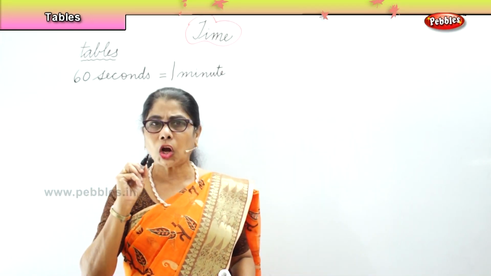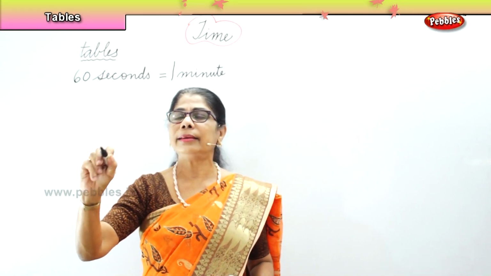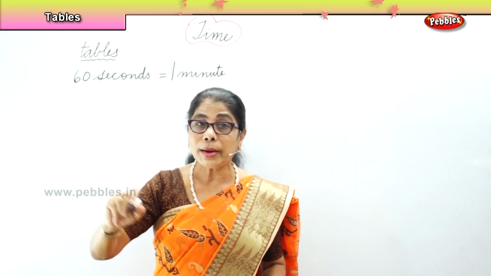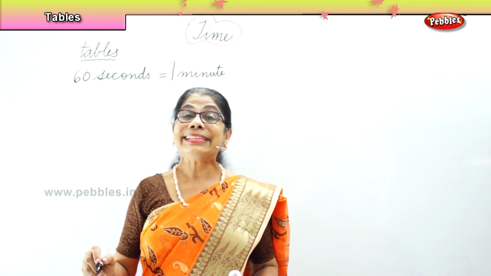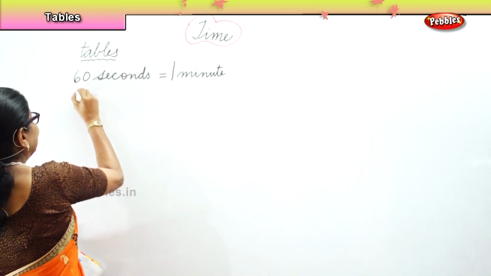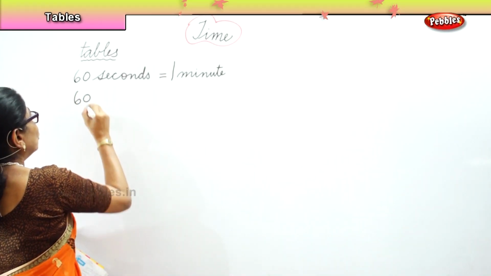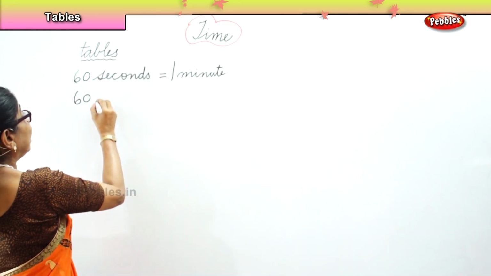Now, in a clock, the second hand goes once around, and like that it has to go 60 times. That is 60 minutes. When it goes 60 times over, that is 60 minutes, and that is 1 hour.